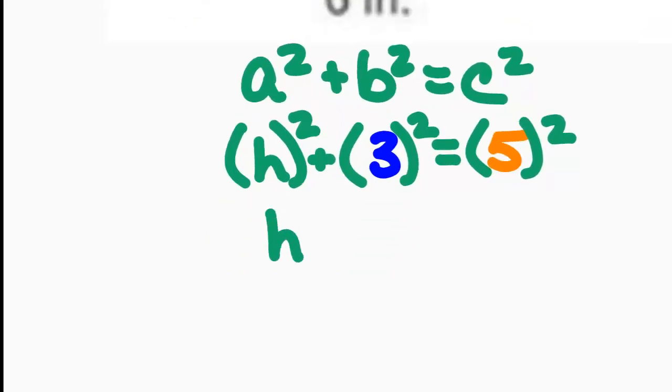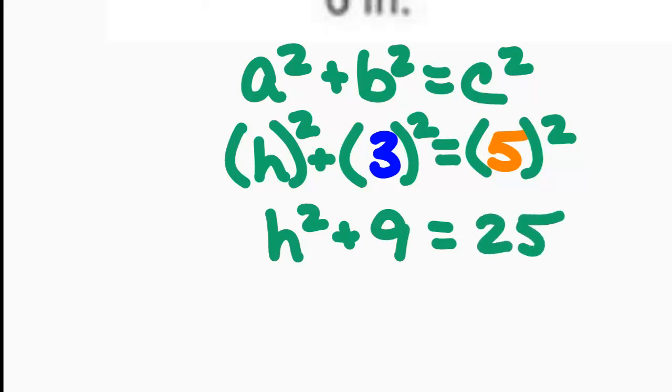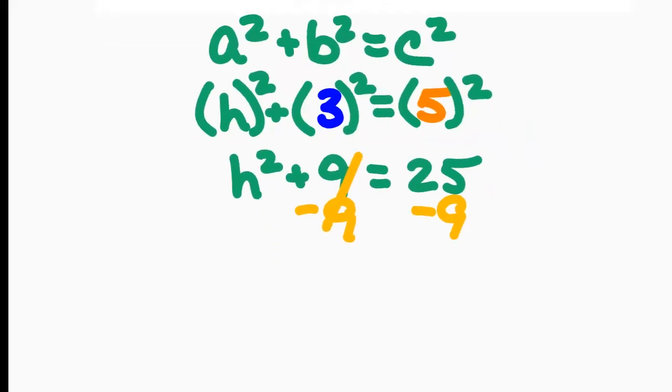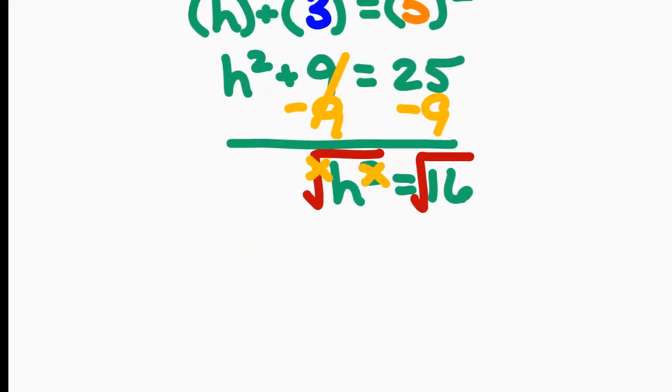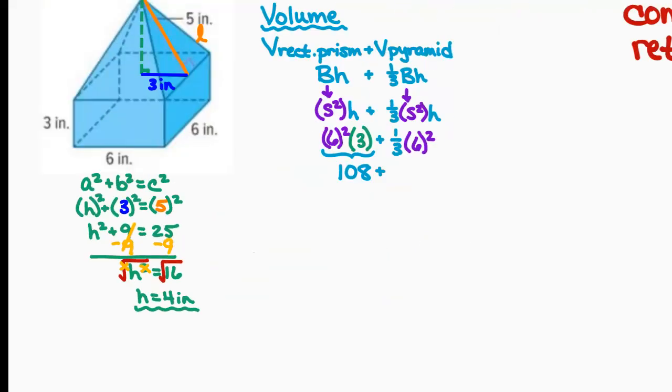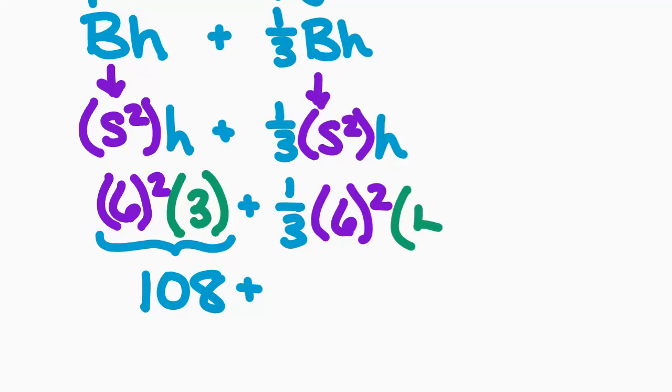All right, so I have h squared plus, what's 3 squared? 9 equals 25. Then we subtract 9 from both sides. What's 25 minus 9? 16. So h squared equals 16. We're going to take a square root of both sides. That'll get rid of the squared on h over on the left. And what is the square root of 16? 4. So my height is 4 inches.